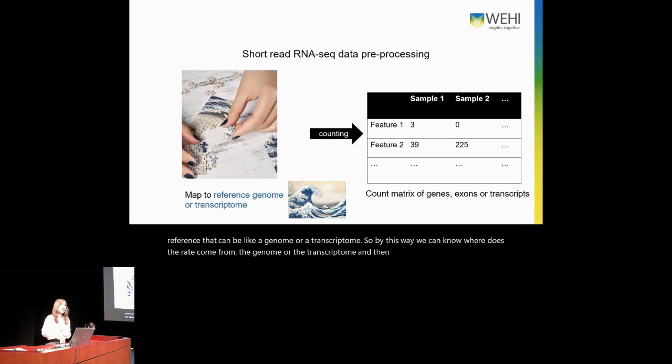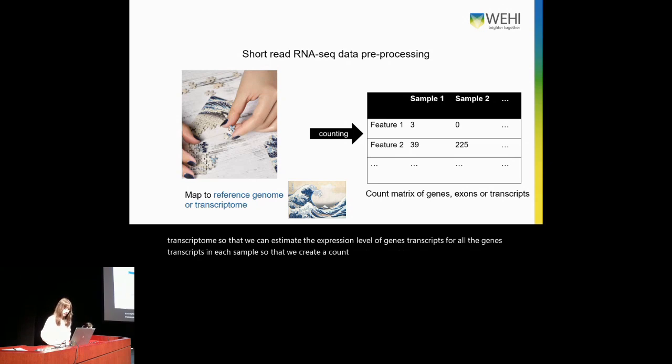Then we can perform counting, which is counting the number of reads overlapping each region of the genome or transcriptome, so that we can estimate the expression level of all the genes or transcripts in each sample, and create a count matrix.